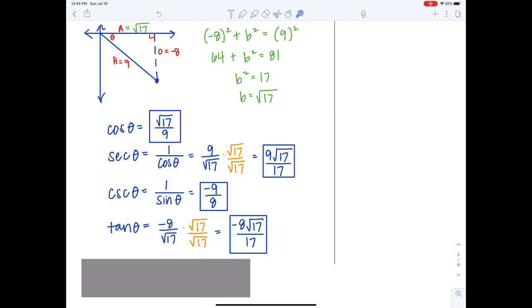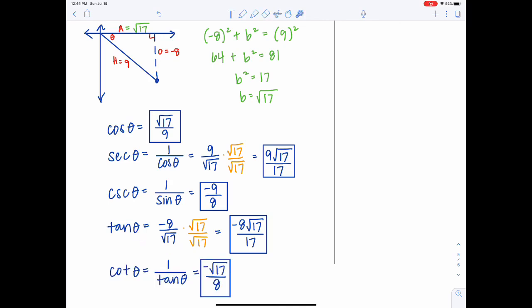This is technically equivalent, so if we just take the reciprocal of our tangent value, that will give us our cotangent. So cotangent would be the negative square root of 17 over 8.